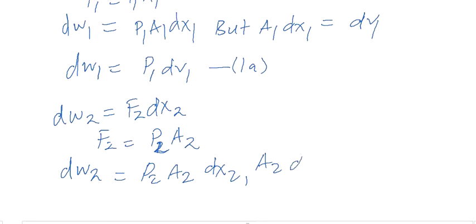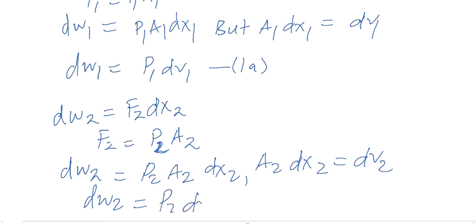Giving A2 dx2 as volume dV2, the above equation becomes dW2 equals P2 dV2. And this is equation 1b.